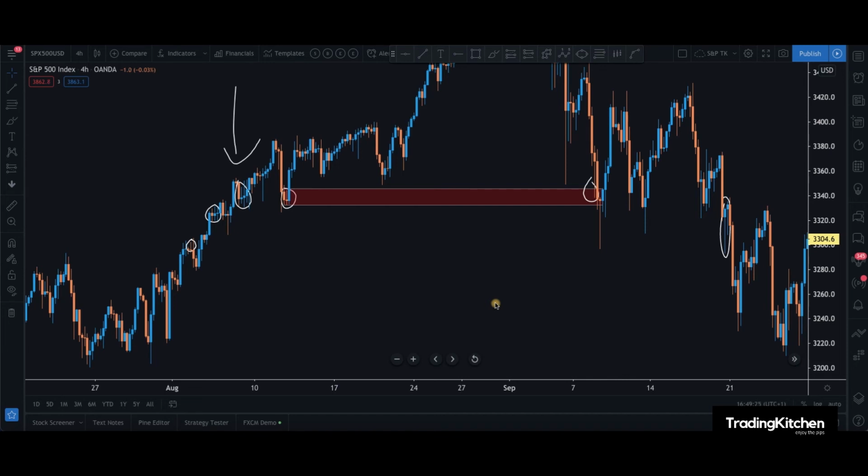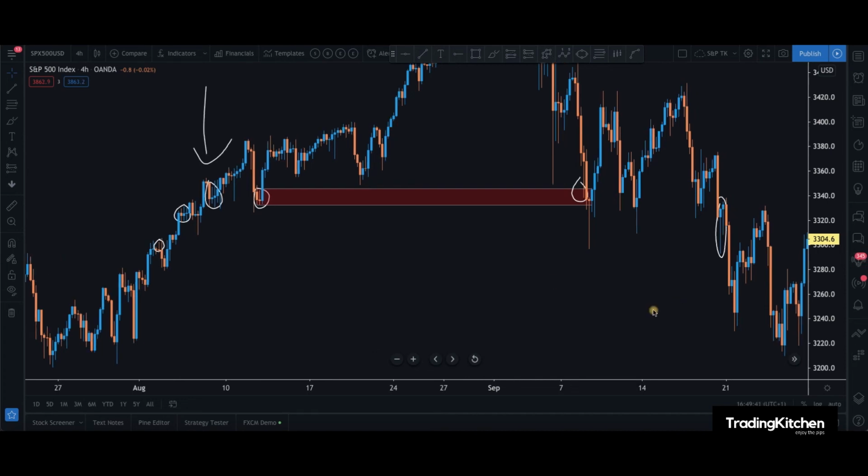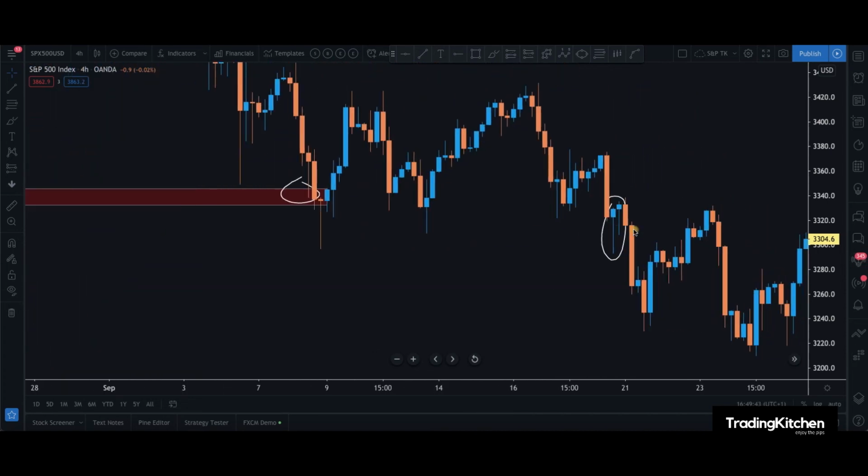First of all, the only valid pin bar I consider is the one with the shadow very much larger, at least triple the body, like this one.